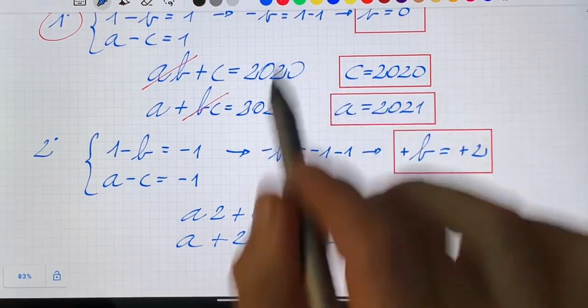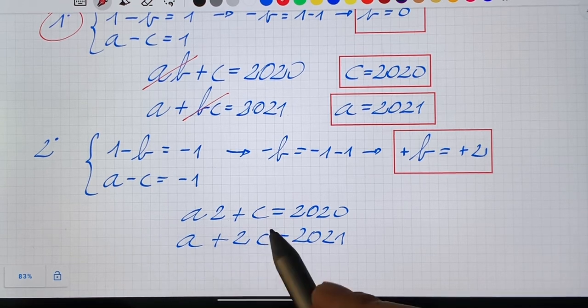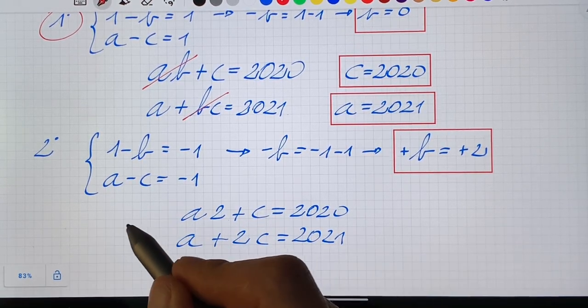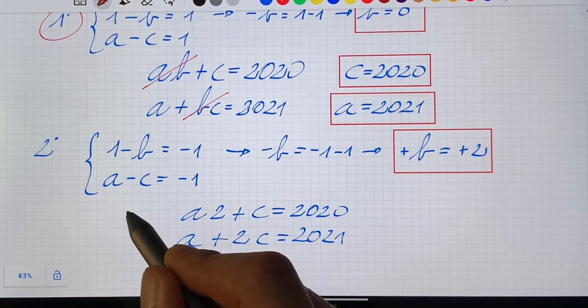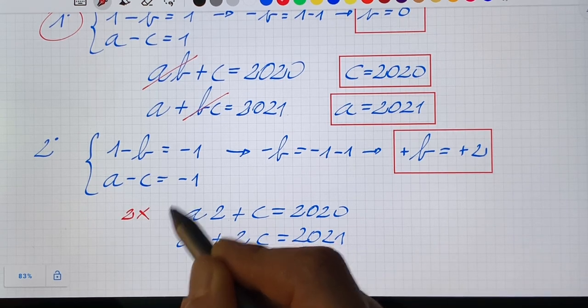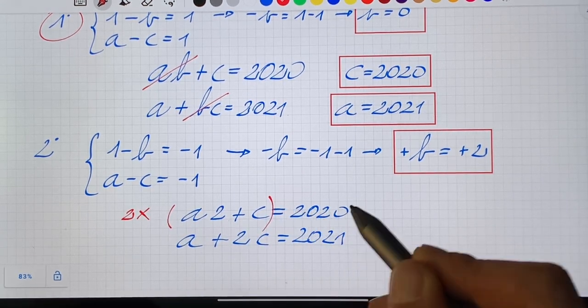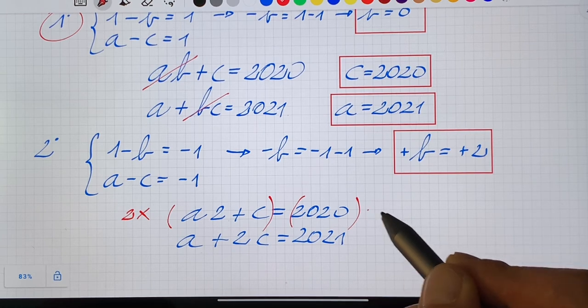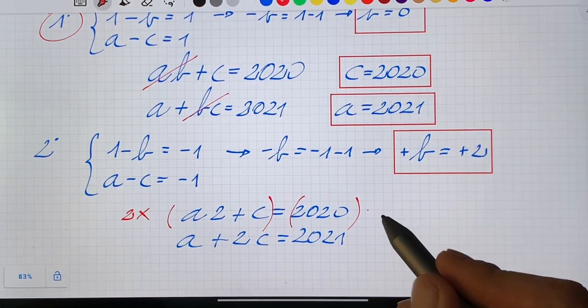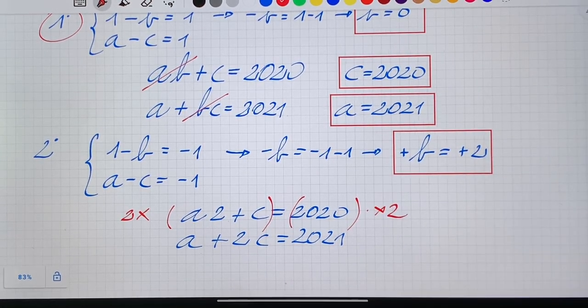So, I will multiply each side of the first equation by 2.